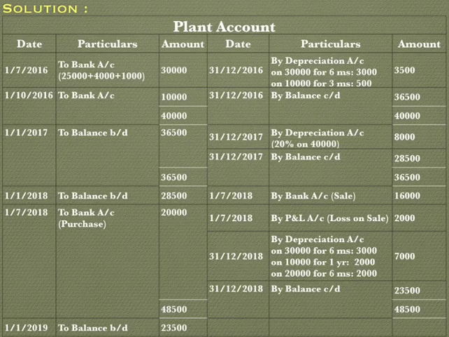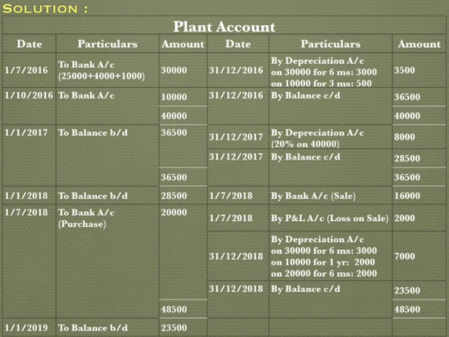As we know, we have to provide 20% depreciation on our asset. So after considering the purchases, we have to close the account for this year. Before closing the account for this year, we have to provide depreciation for this year.